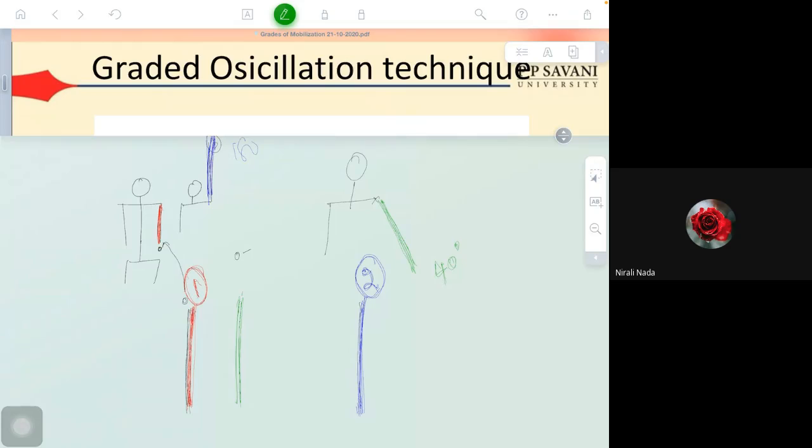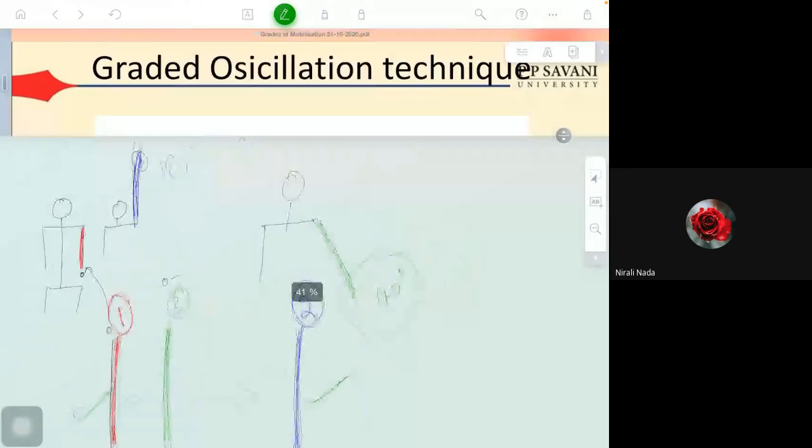Are you clear what I am saying? Yes, sir. Line 1 will remain the same, 2 will remain the same, but the third line will move in either direction depending upon the available range of motion, depending upon the tissue resistance.